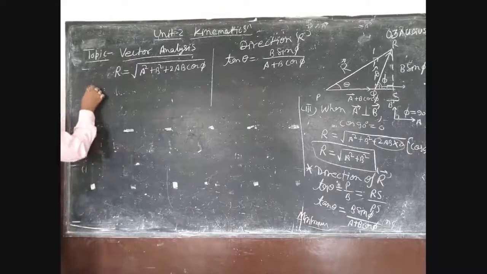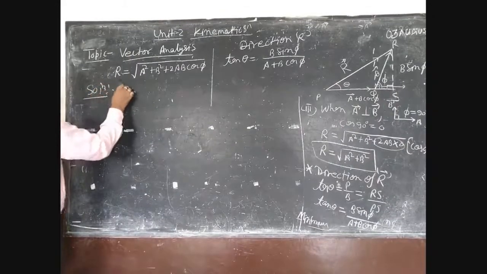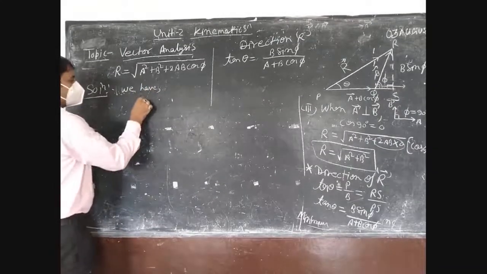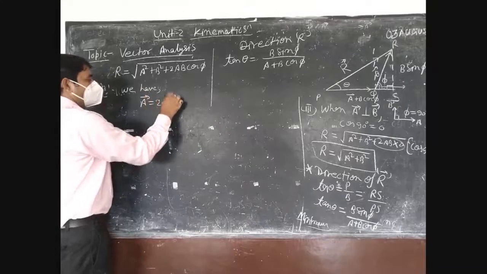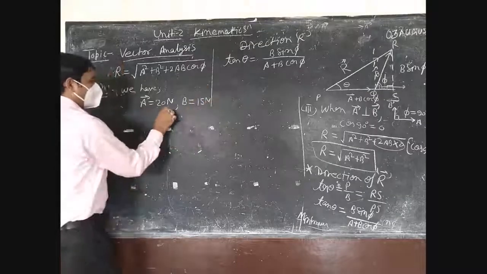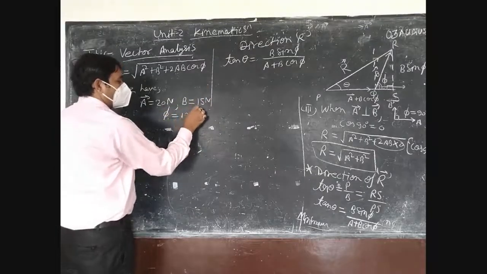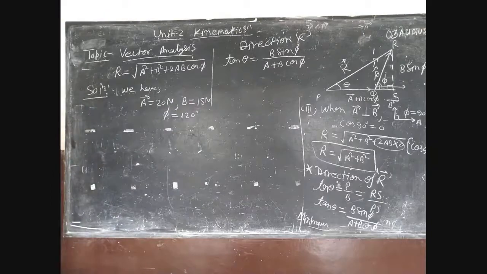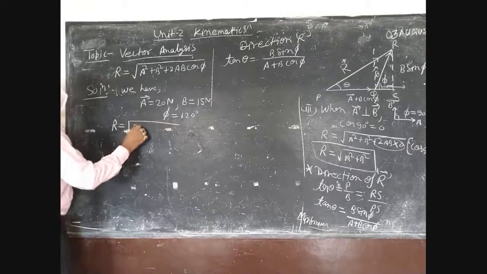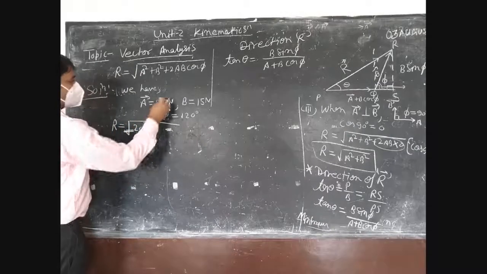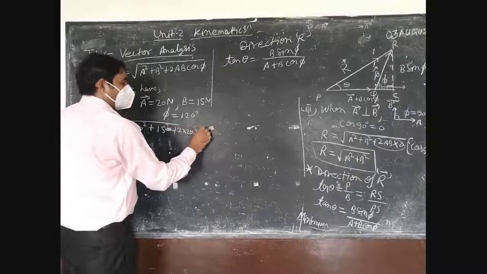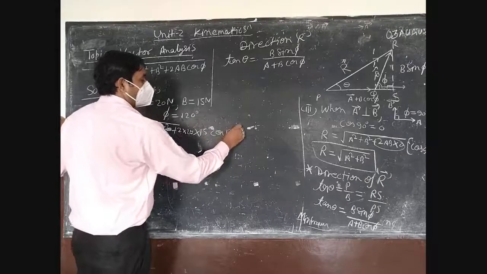We have vector A is 20 Newton, vector B is 15 Newton, and the value of phi is 120 degree. Clear? Now use this here. You will get square root of 20 square plus 15 square plus 2 into 20 into 15 and cos 120 degree.